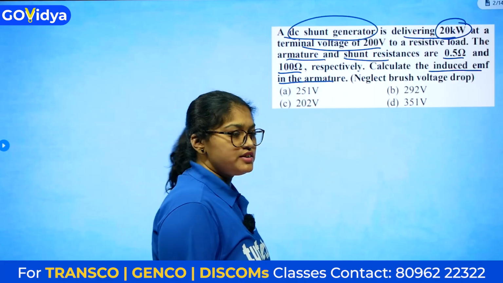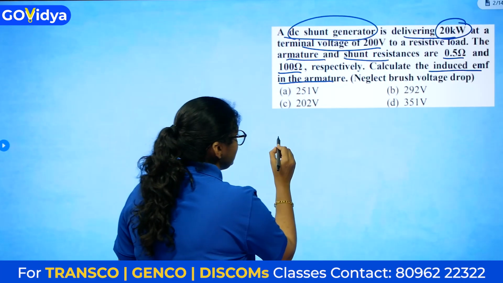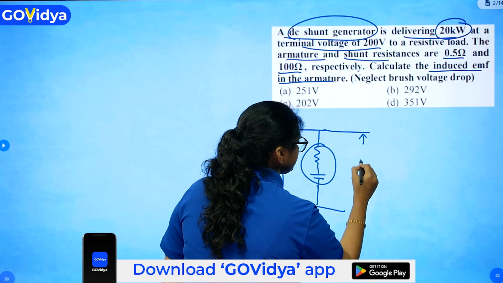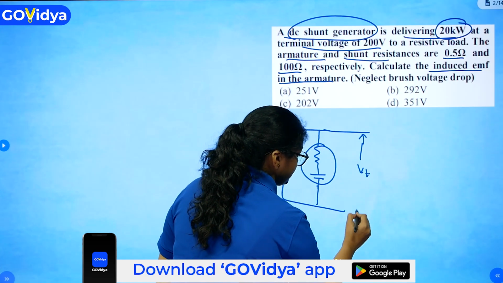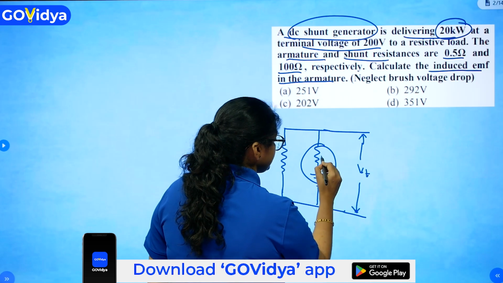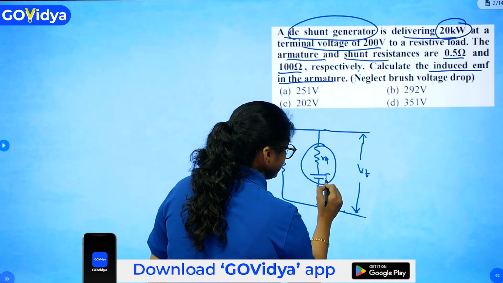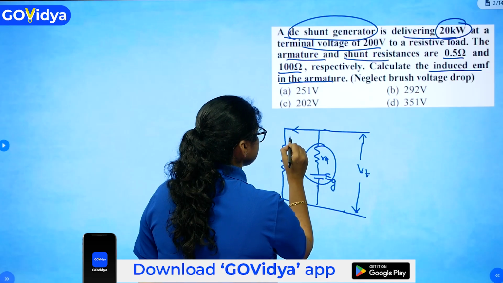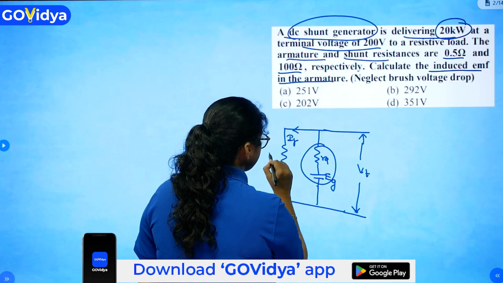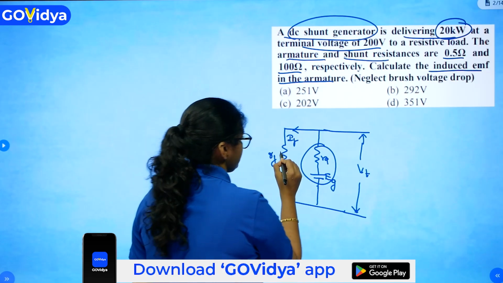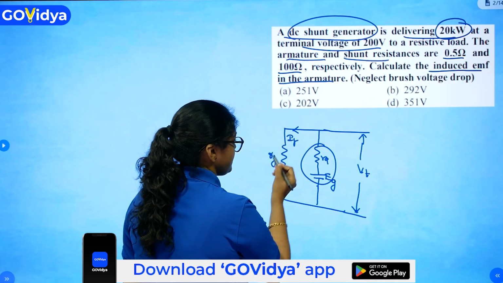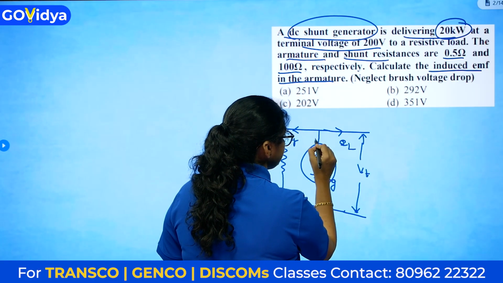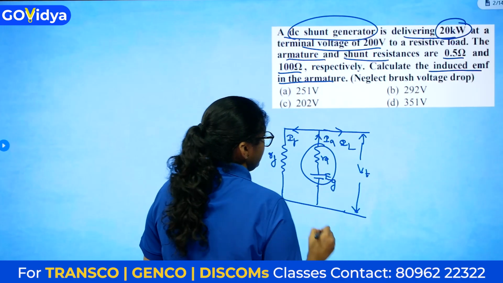The generator given is known as a DC shunt generator, so we'll first draw the DC generator. This is the terminal voltage VT, this is RA, and this is EG, the generated EMF in the generator, and this is ISH or IF, RSH or RF, and this is the load current and this is the armature current.